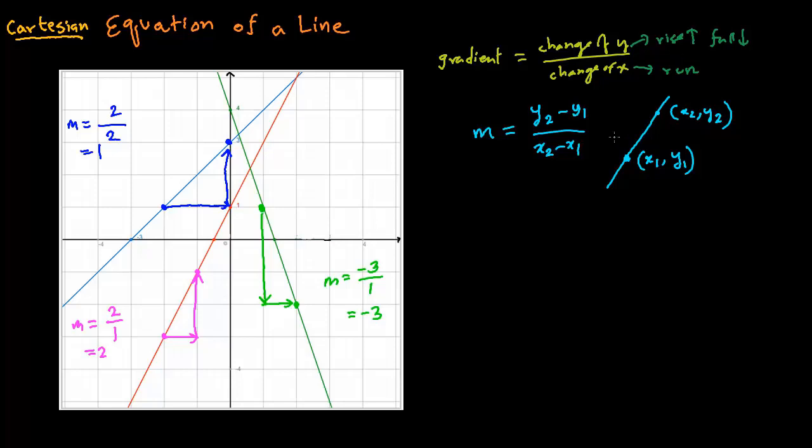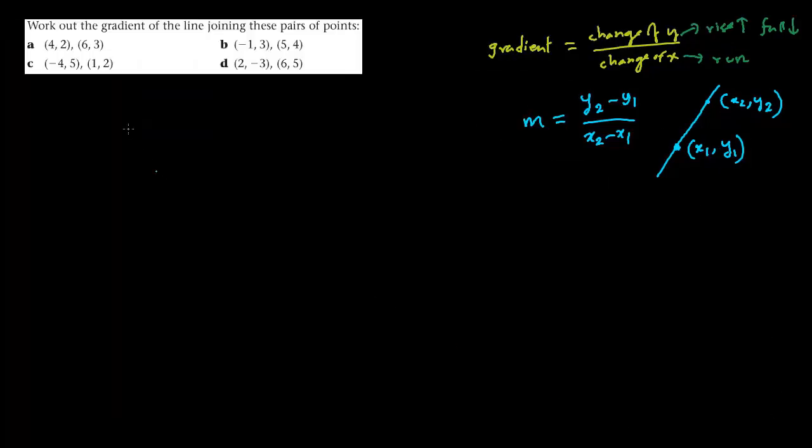Let's do a number of examples. The first example: 2 points are given, (4, 2) and (6, 3), and we have to find the gradient. So gradient equals change of y. So this y is 3 and this one is 2. So 3 minus 2, that is the change of y, and the change of x. Remember, you have to take the value of x in the same order as you took in the case of y.